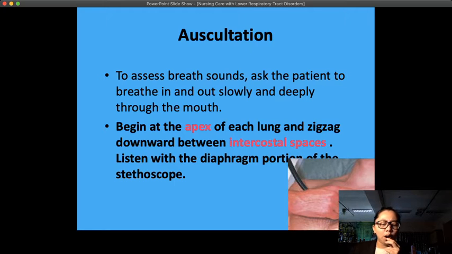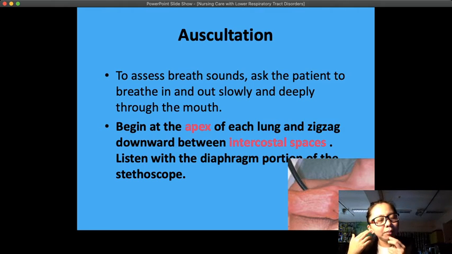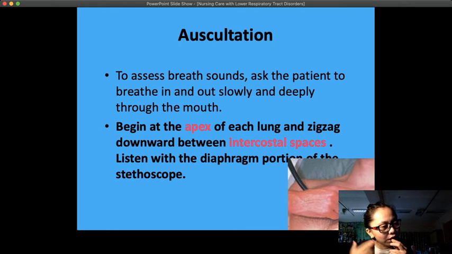Kaya, while you have the chance, do auscultation with your patients. Establish rapport, and then examine. You have to hear it, because when you hear it, you can distinguish what is a stridor, what is a rale, what those breath sounds are.